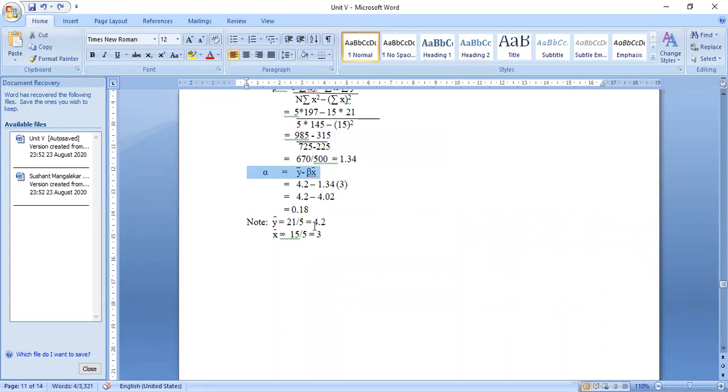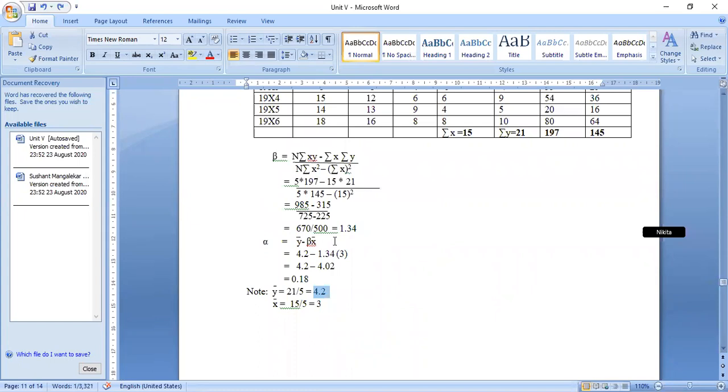So y bar is 4.2, which we have calculated, minus the beta value 1.34, into the mean value of x, which is 15 divided by 5, that is 3. So 1.34 into 3. After simplifying, 4.2 minus 1.34 into 3 is 4.02, hmm, so the alpha value is 0.18 and the value of beta is 1.34.